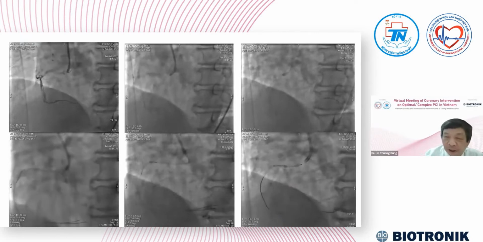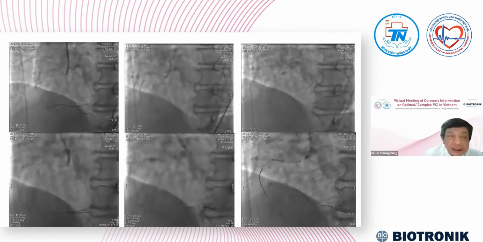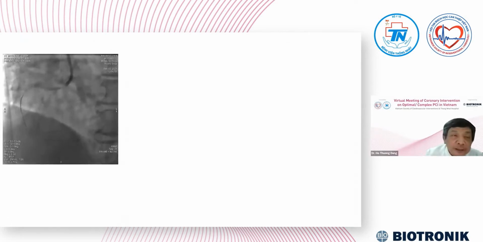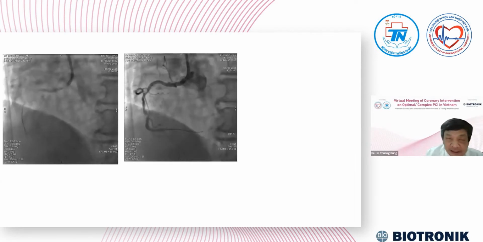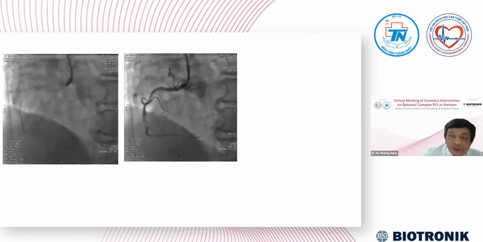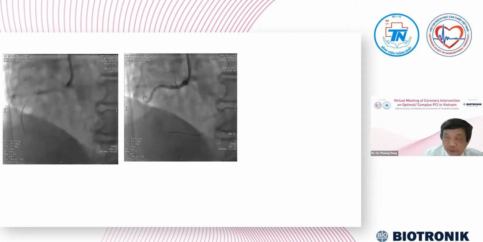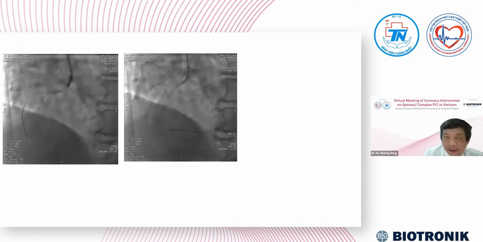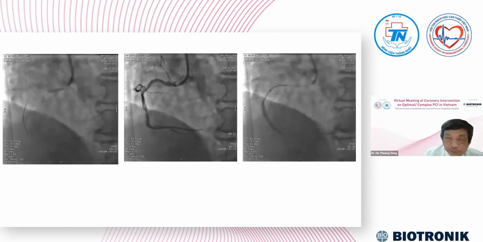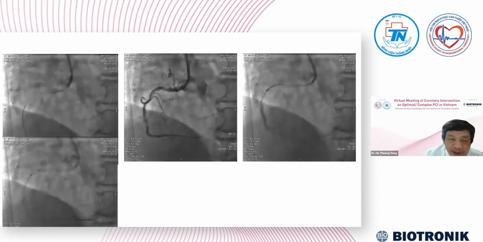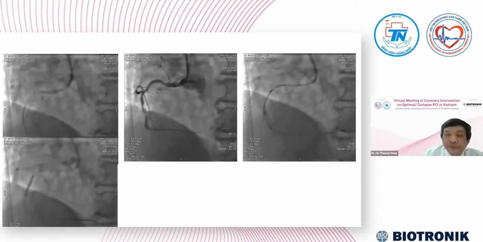So I deployed the stent in the first curve. After we deployed the stent in the first curve, the second stent went easily, and went directly to the culprit lesion. So the second stent we deployed in the culprit lesion, and the last stent in the mid.